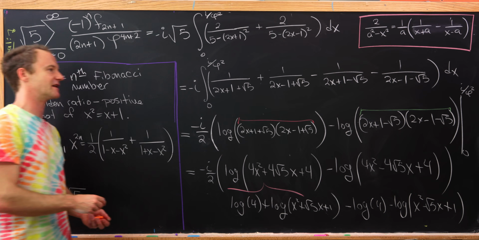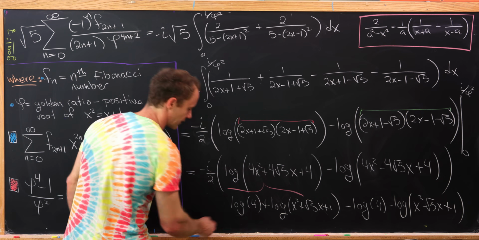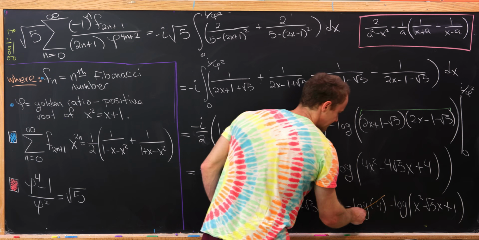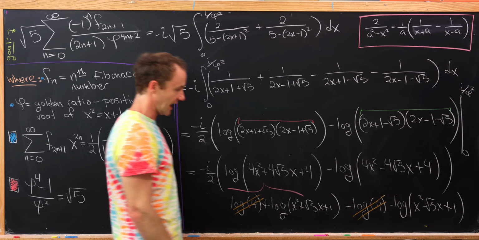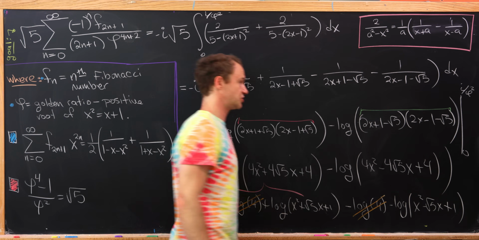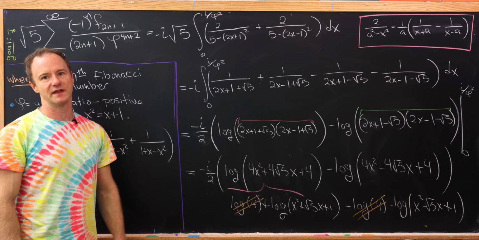And then, of course, we have that evaluation as well, but we'll maybe hold on to that for the next calculation. So notice these log 4s cancel. We still have this minus i over 2 and this evaluation from 0 to i over phi squared, but we'll wrap that up on the next board.